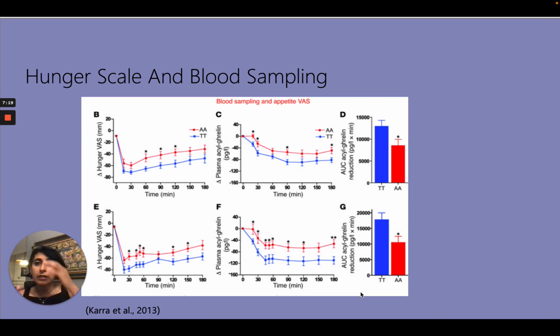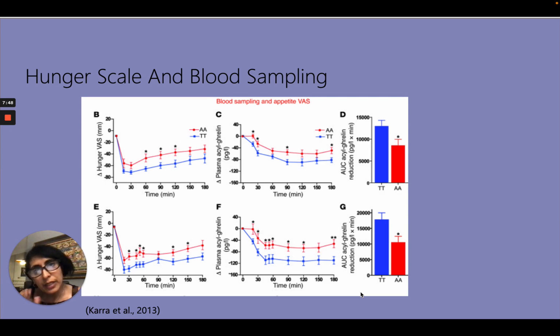And if you look at this chart in front of you, the red is the AA group and the TT group is the blue. And so you'll notice that their hunger is higher, their ghrelin levels are higher, and as the minutes progress, they still continue to be higher than the TT group.